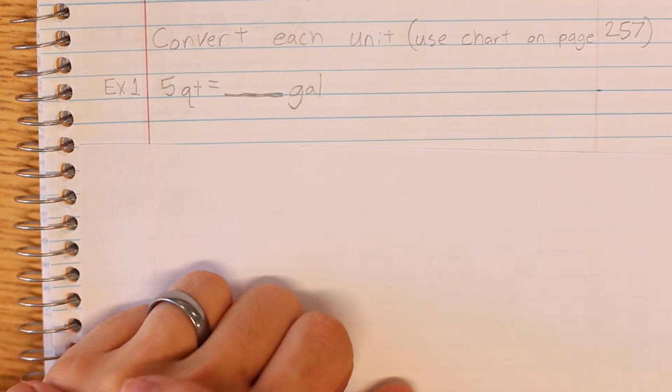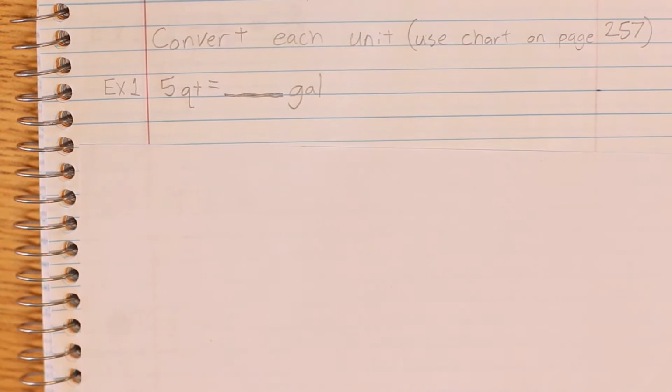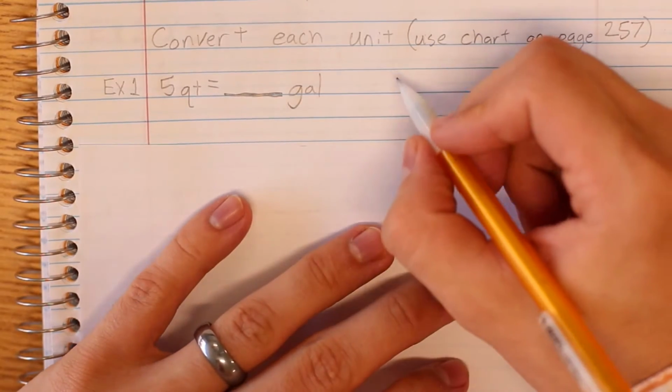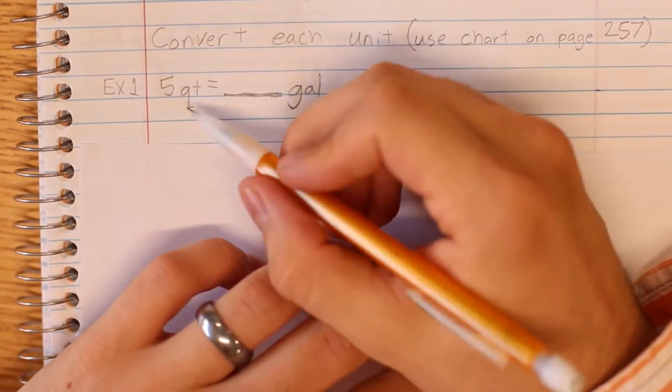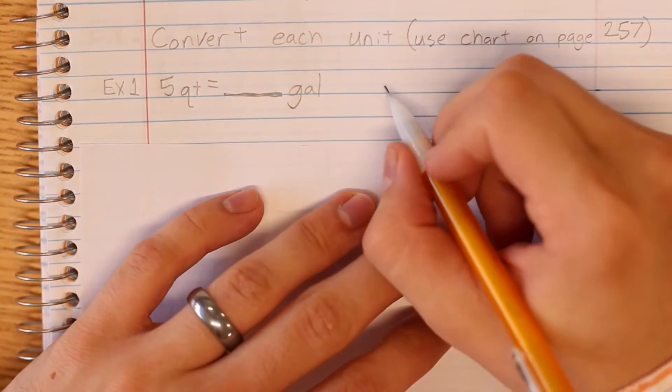Well, here's what you need to do. We're going to need to write down our conversion, okay? So we're going to take our 5 right here, and this is what I have.